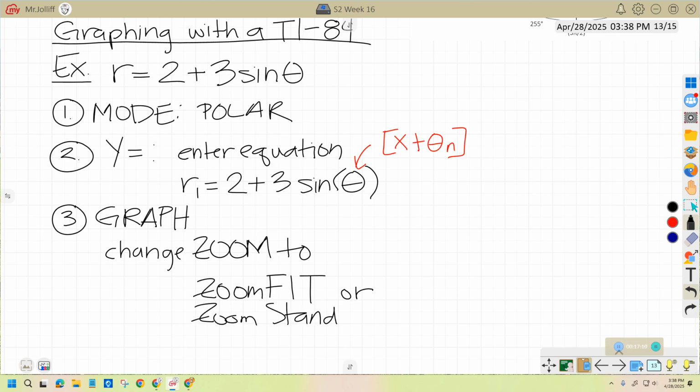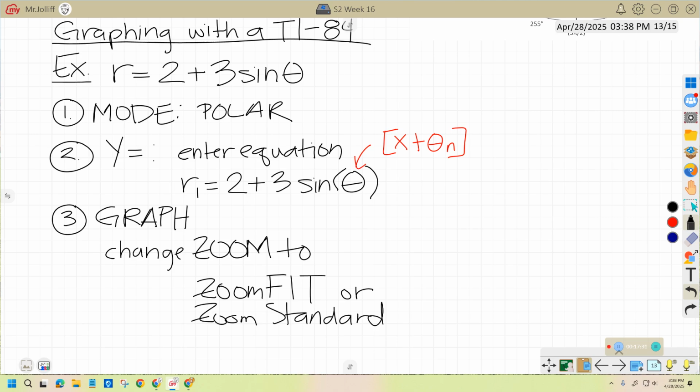My recommendation, if you get a funny looking graph that doesn't quite fit on your screen, is to press the zoom button and then select zoom fit or zoom standard. When you go to zooms, you won't see zoom fit. You have to scroll down. It's off the screen.